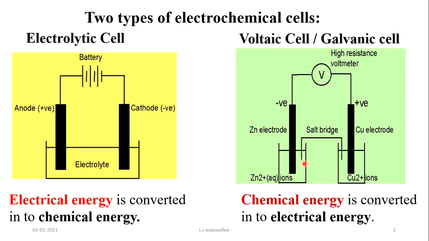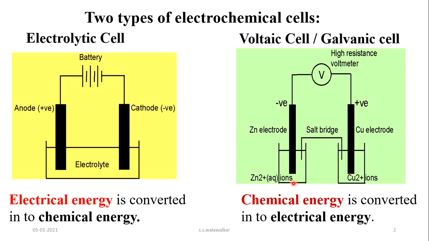So the electrons which are lost at anode are carried through this electrical wire to the cathode, where they are captured by the positively charged ion in the solution and then get deposited. So chemical energy, spontaneous redox reaction takes place.